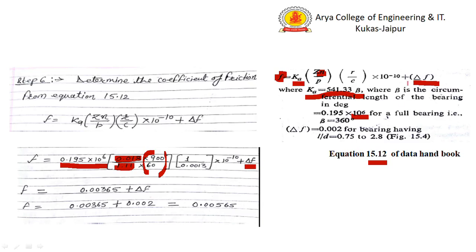For delta F we can take 0.002, or we can take the value of delta F from figure 15.1. Generally we take 0.002. So the coefficient of friction from this equation is 0.00565. So this is step number 6.